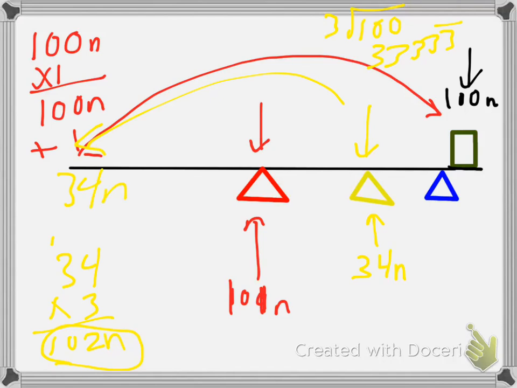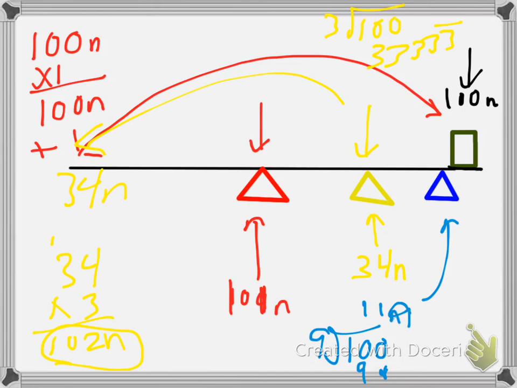So let's take a look at this last one, which is blue, and this one had a mechanical advantage of 9. If I took 100 and divided it by 9, I end up with 11 something. So for the sake of this, let's just make it 12.